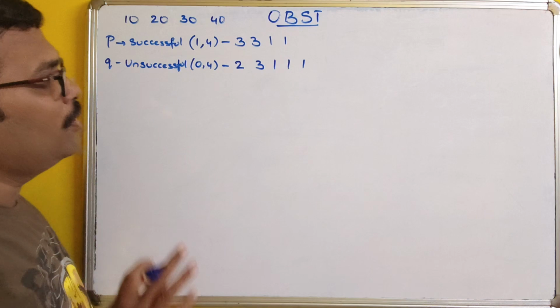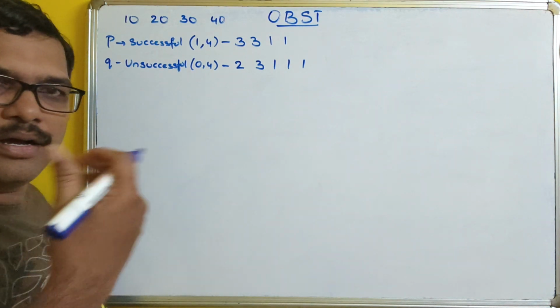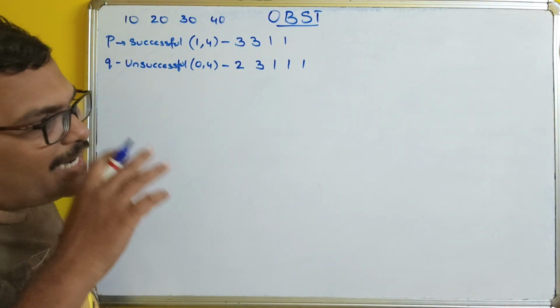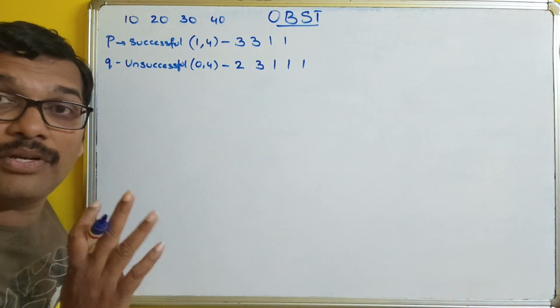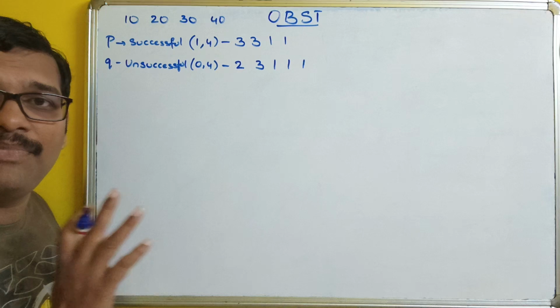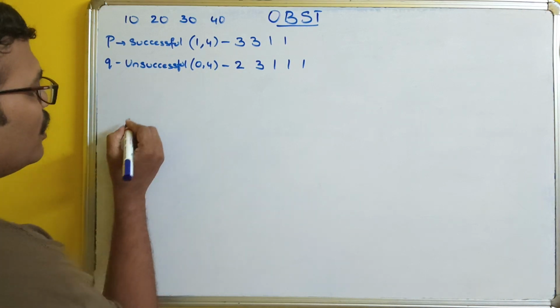Now we have to start executing. So let us write the formula first. Whichever formula we have used before, the same thing we have to apply here. What's the formula?